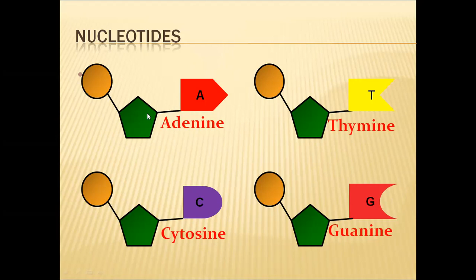If deoxyribose is added in place of ribose to AMP, then it becomes a nucleotide of DNA. In this way, nucleotides can be formed from triphosphate molecules having adenine or deoxyadenosine, thymine, guanine, and cytosine.